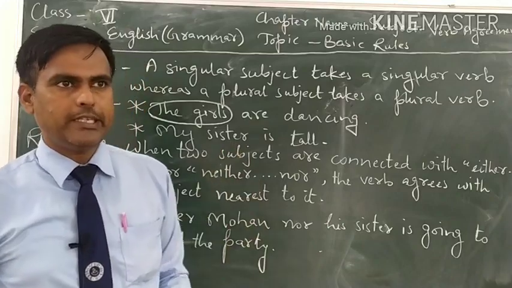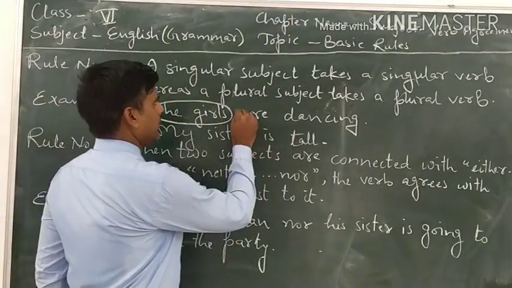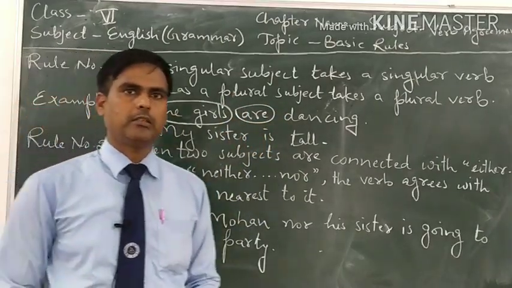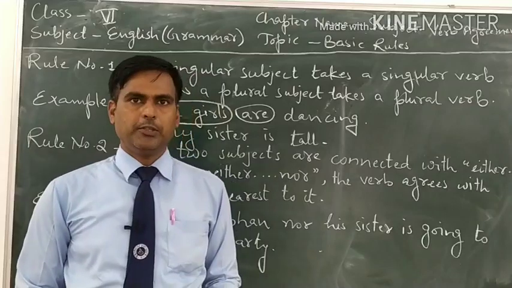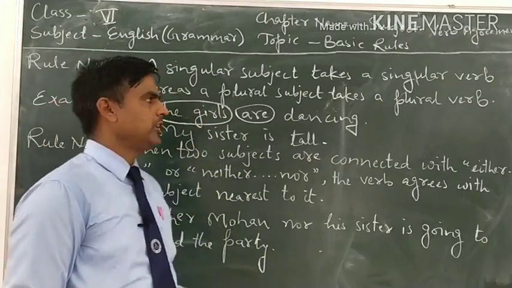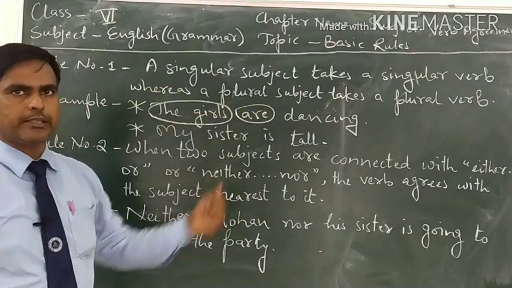And in this rule, it is said that if the subject is plural, the verb will also be plural. So, the subject, the girls, is plural. That's why the verb will also be plural. So, the girls are dancing.